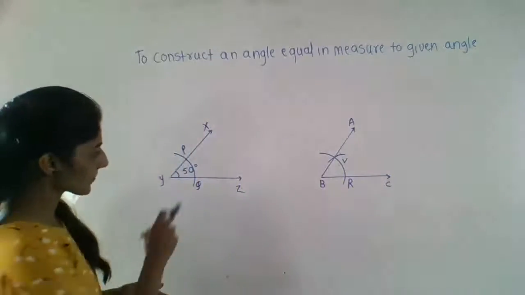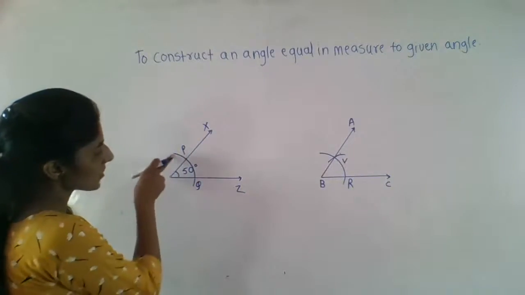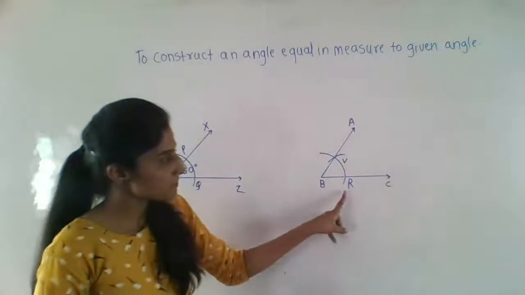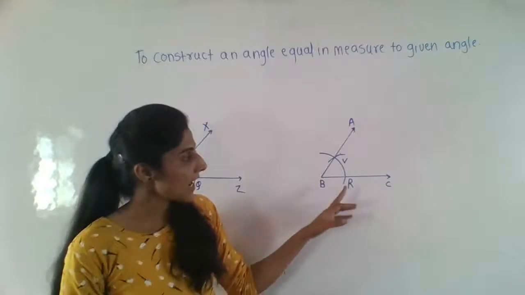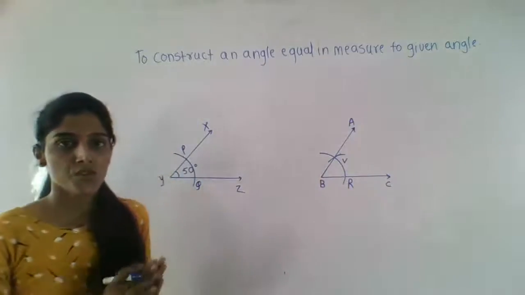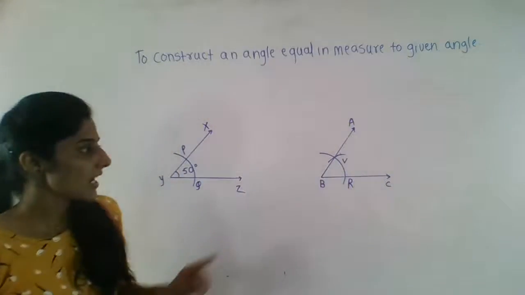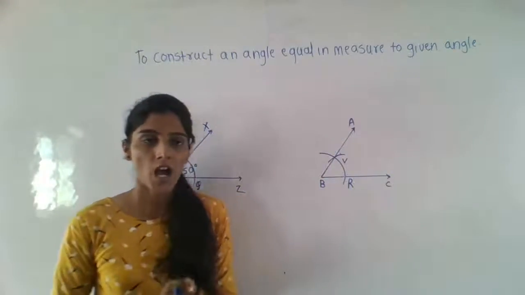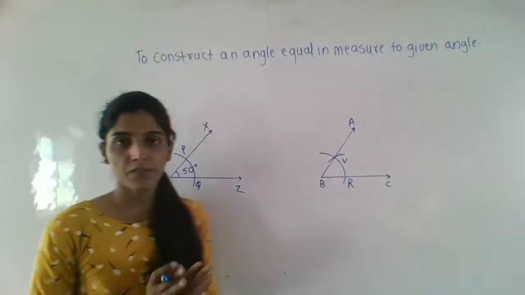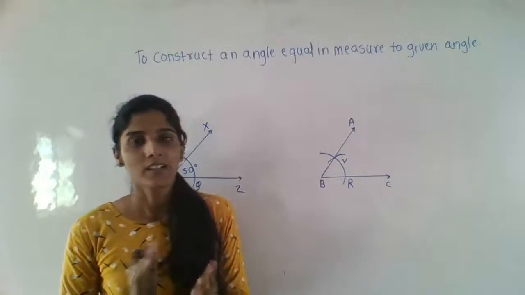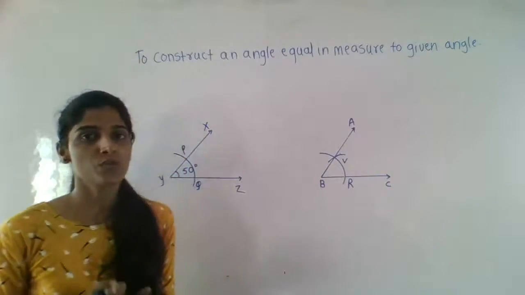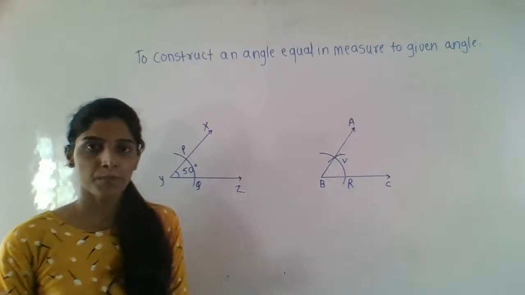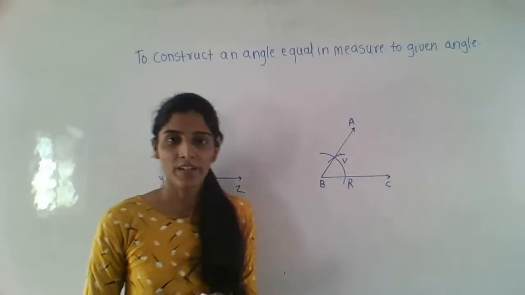Next, measure the distance of the arc, that is PQ. Now keep your point of compass on R and draw an arc which cuts the previous arc, and join the vertex and the intersection point. You will get your angle which is equal in measure to the given angle. Understand how to draw an angle of equal measure? So we will stop here.